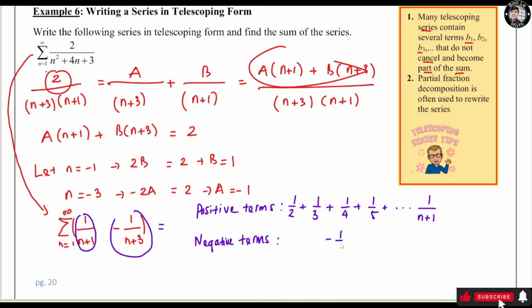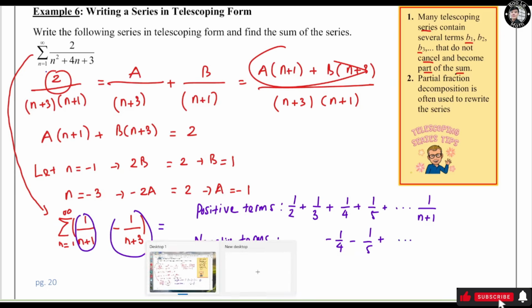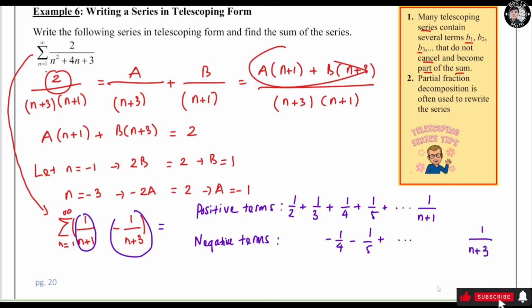So I put negative 1/4 here. n equals 2, I have negative 1/5, right? Etc., until the last term, 1 over n plus 3. So it could be right here. Now, the one before 1 over n plus 3 is 1 over n plus 2, right? And the one before this term is going to be 1 over n plus 1, right?